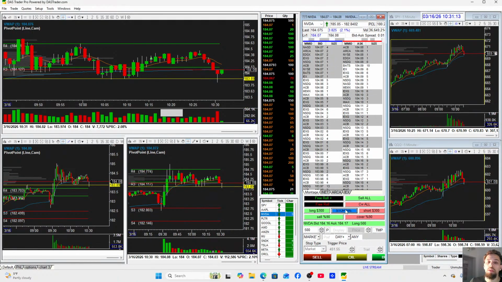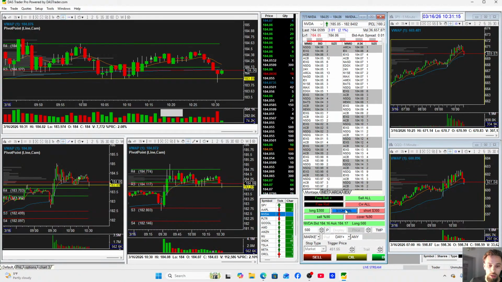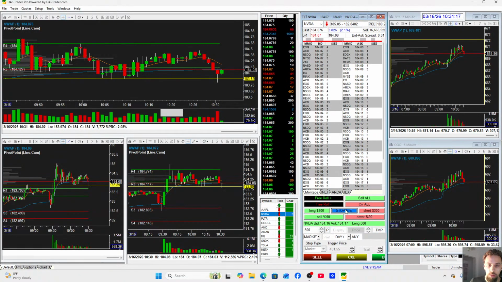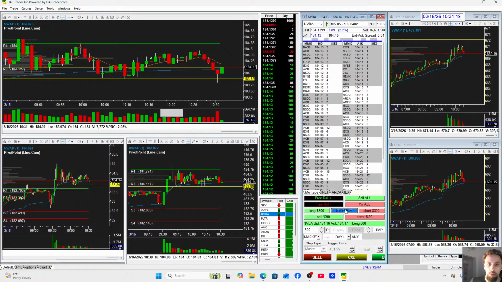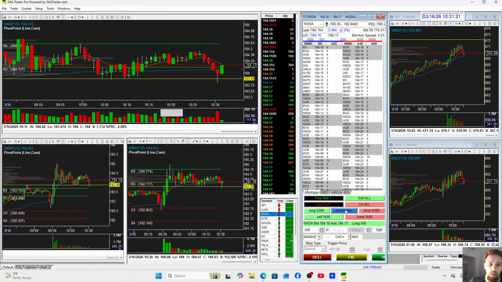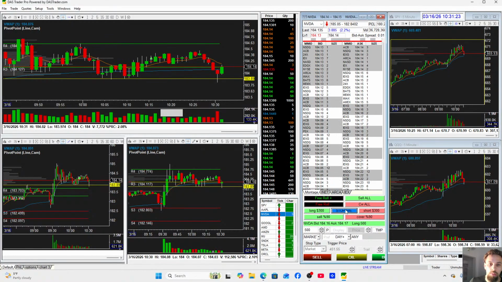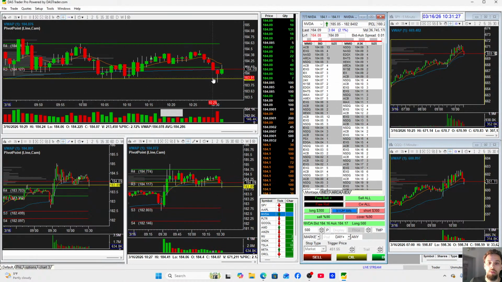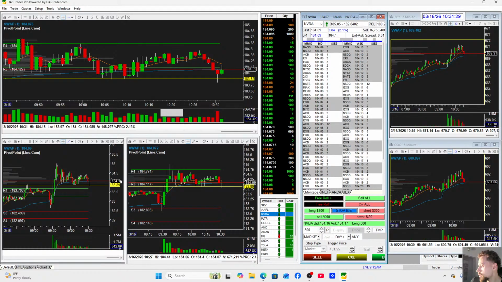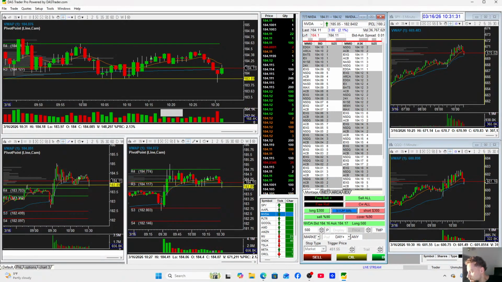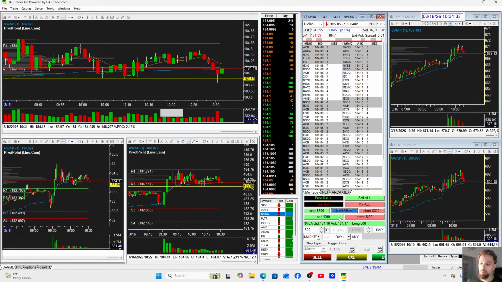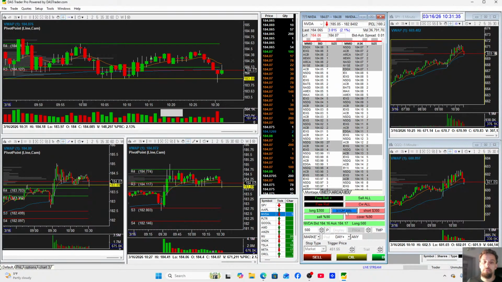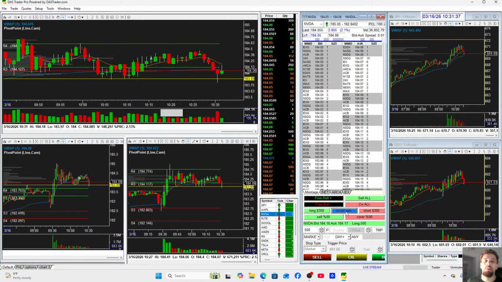I could really use some buyers now. If the buyers don't step in here now, then it's going to push right back down and just go through this level. Yeah, it's getting bought up, sold off.